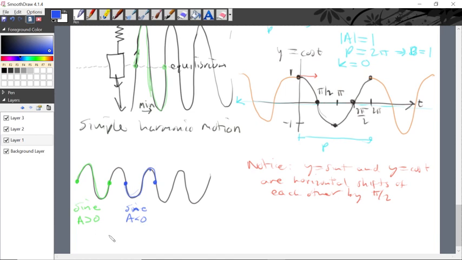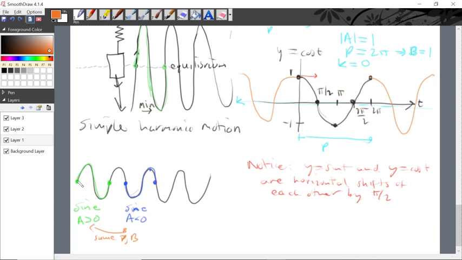Notice that in both cases, though, these are going to have the same value for P, the same period, the same frequency, but they're not going to have necessarily the same horizontal shift.